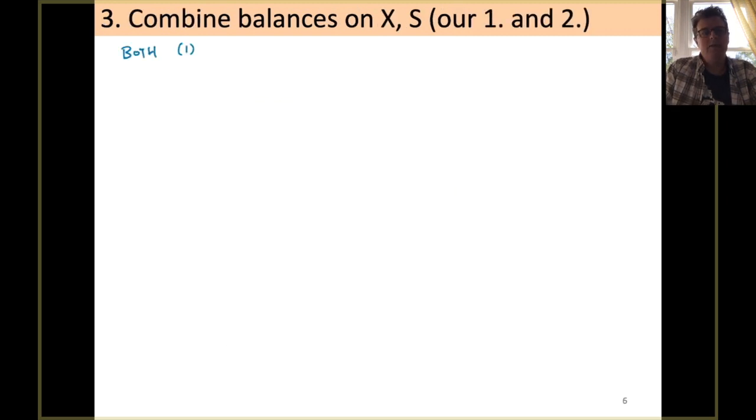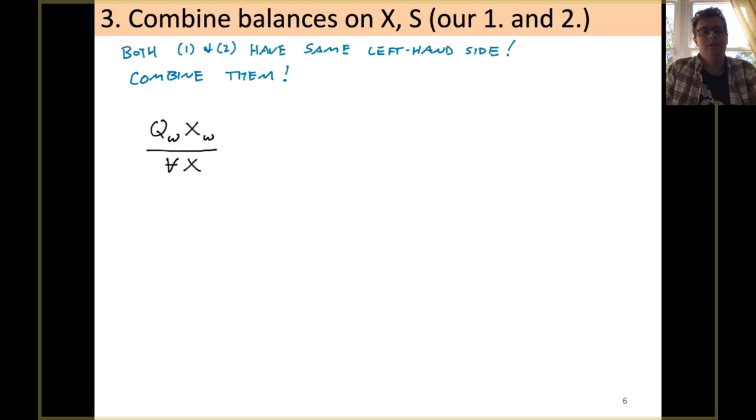So from the previous two slides, you may notice both of the equations that we got have the same terms on their left-hand side. And so we can actually combine those two together. And so this is really handy. This gives us one equation that describes our design, and it's got virtually none of the kinetics stuck in it.